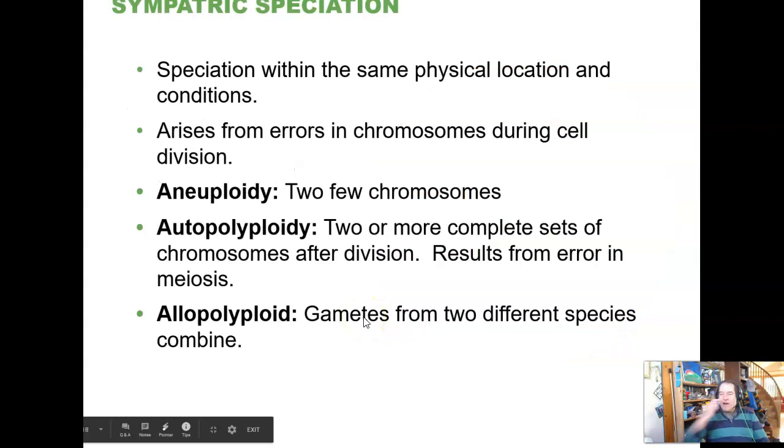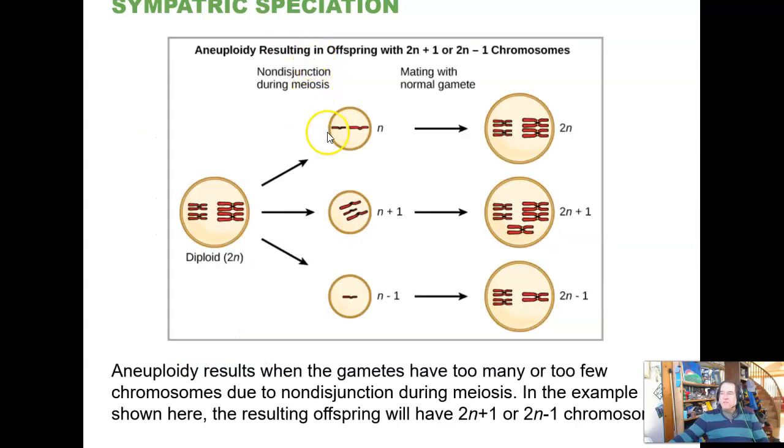All right, I've talked about aneuploidy, autopolyploidy, and allopolyploidy already in sympatric speciation, so I won't come back to this, but here are some illustrations where we've changed the chromosome count in some cells. So here's what it should have been. Here's a cell that's got one extra copy of a chromosome in it. Here's one that's got one short.